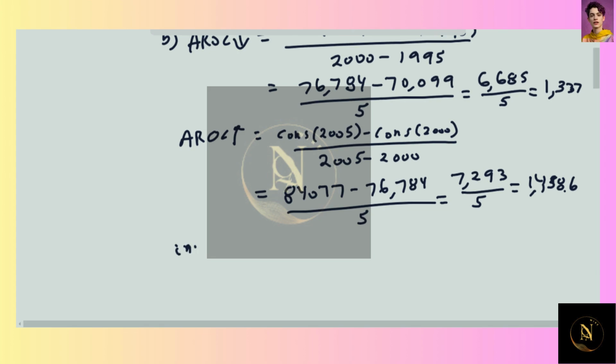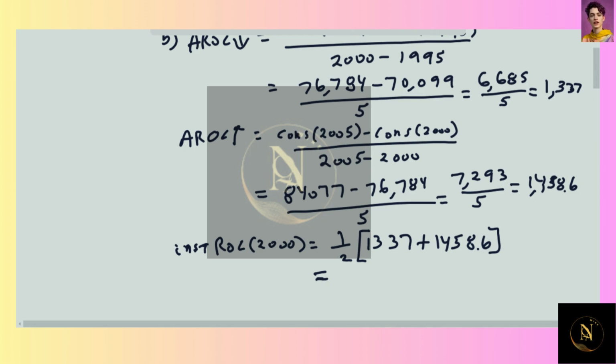Okay, so then I average these two. So the instantaneous rate of change in the year 2000 is 1/2 times 1337 plus 1458.6.